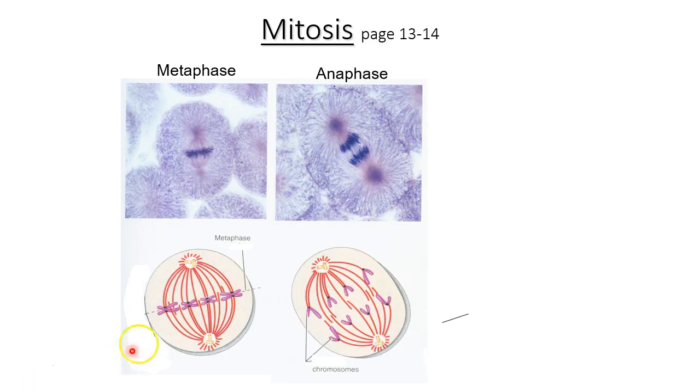And then for anaphase, right? So this is when these chromosomes split apart and are pulled towards opposite poles of the cell. They become sister chromatids. And you see how the cell is kind of expanding a little bit?